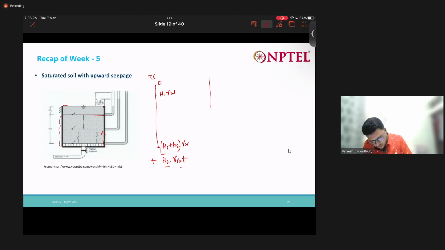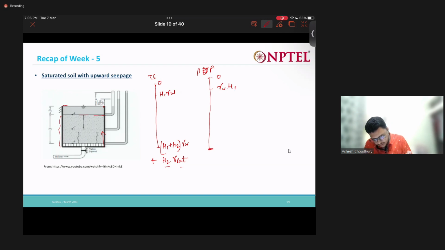Now let us go here. We will come back to this one. This is my pore water pressure. Here it will be 0. Here it is gamma W into H1.